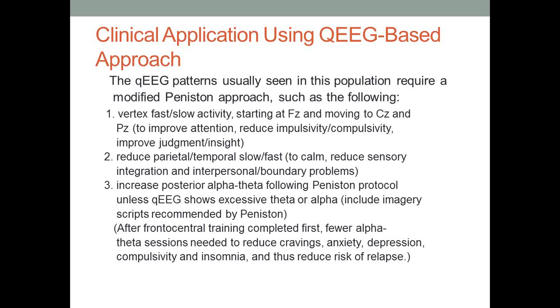Oftentimes they will require the modified Peniston approach. Basically what I like to do is treat the vertex first, decreasing or inhibiting the fast slow activity, starting at FC, and it's not unusual for me to stay there for 12 to 15 sessions if needed.